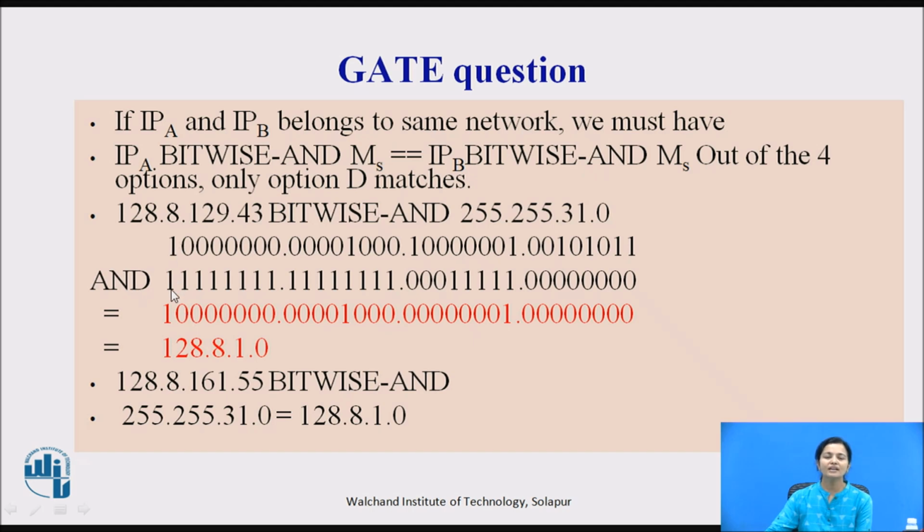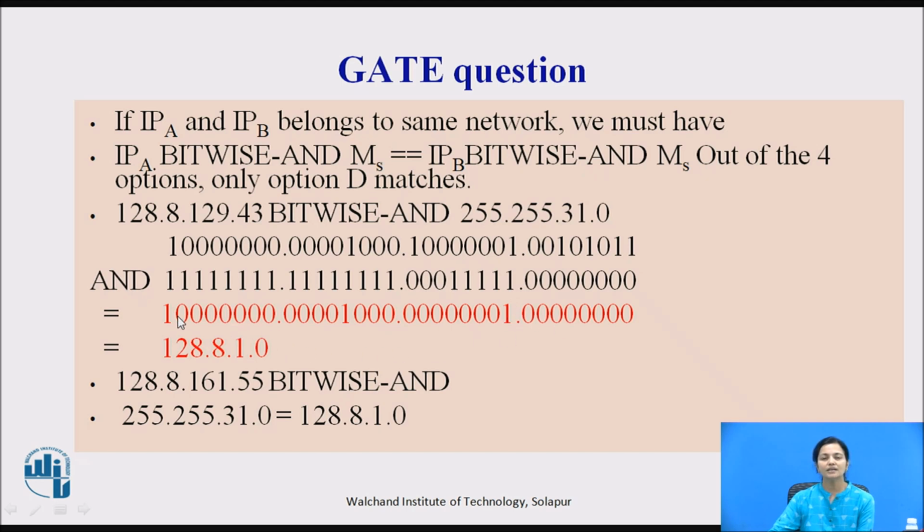So 1 AND 1 will be 1. Wherever the 0 is there, of course it will be 0. Here 1 is there, so it will be 1. Again all the zeros are there. Here 1 0 is there, again 0. Here the last one is there.